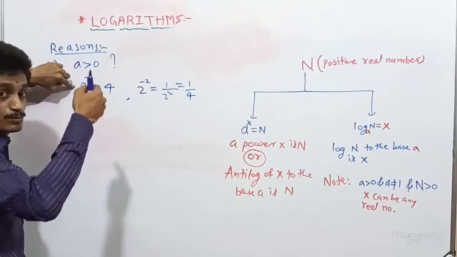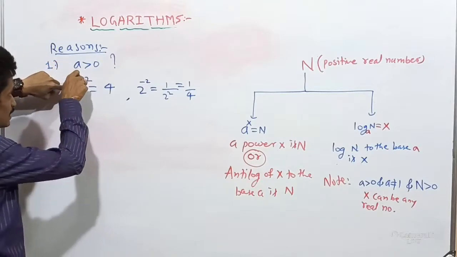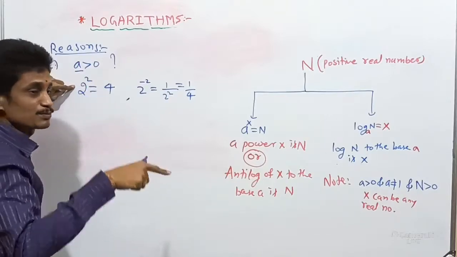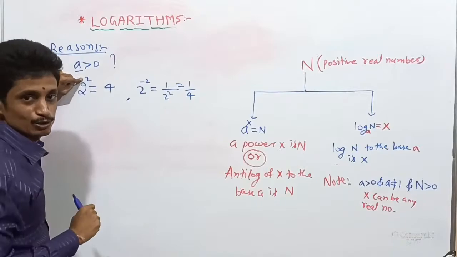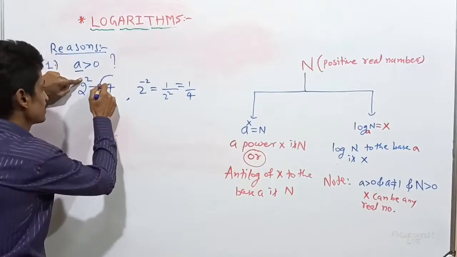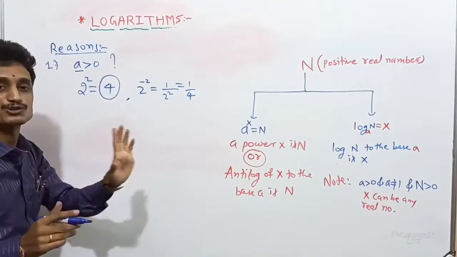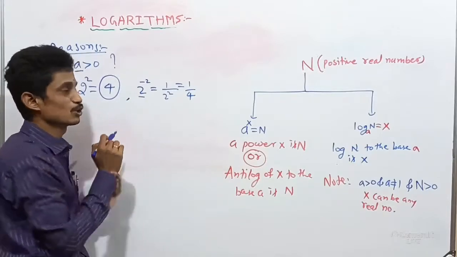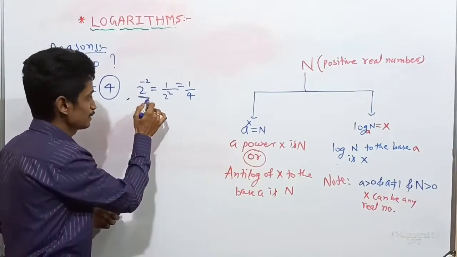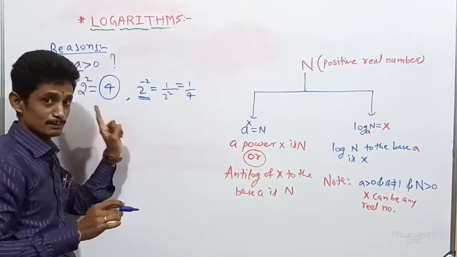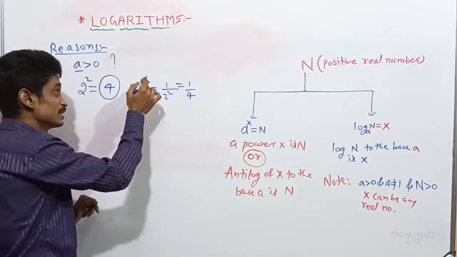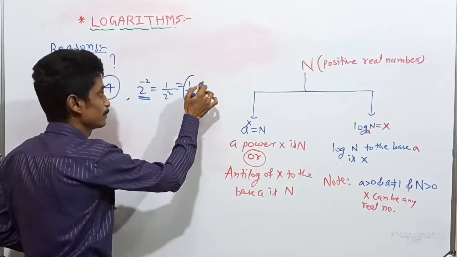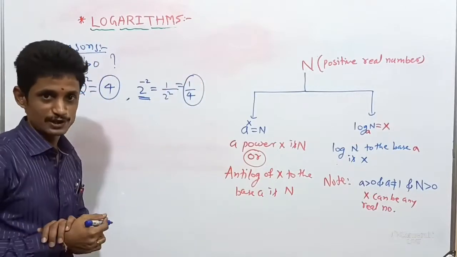In my first assumption, base is a positive quantity and power is a positive quantity. What output are you getting? A positive number. Same assumption, base is a positive quantity, then power is a negative quantity. At this time your output will be a positive quantity.